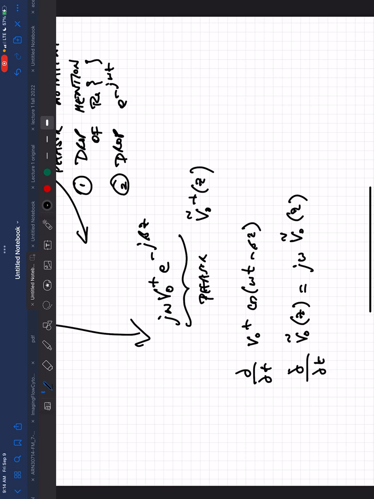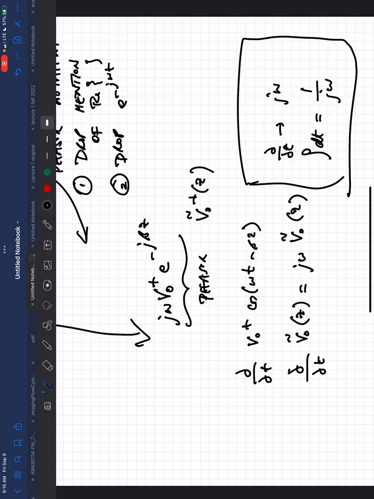So in the phasor domain, d by dt looks like I'm just multiplying by j omega, and integral by dt looks like I'm just dividing by j omega. Just like another transform.